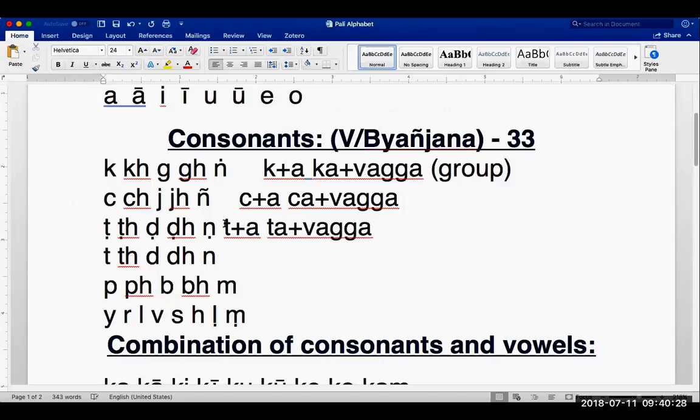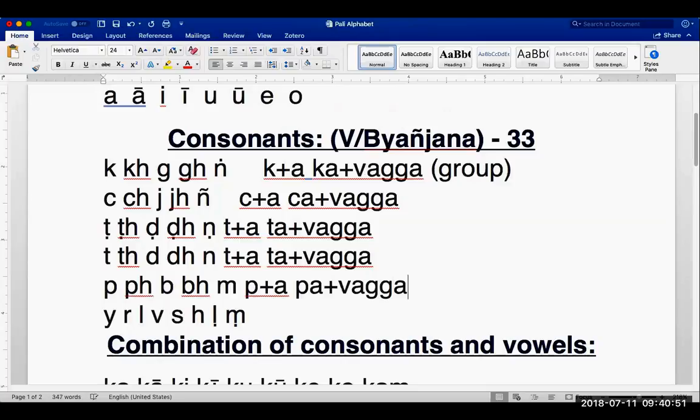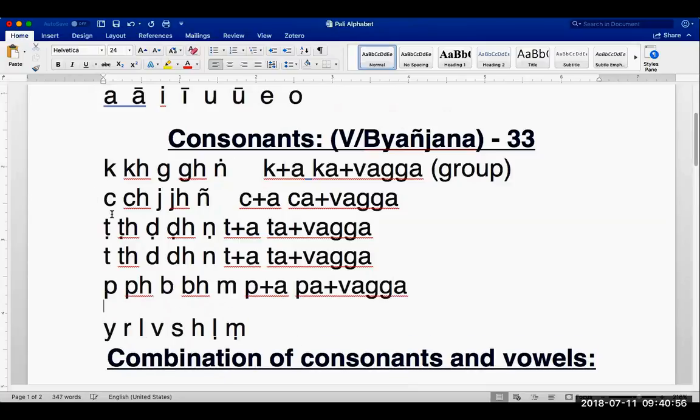And same here, we have tavagga. And then we have pavagga. Okay, these are the vagga letters, as I said. So 25 letters we have as vagga.